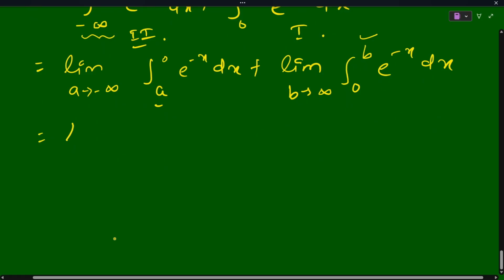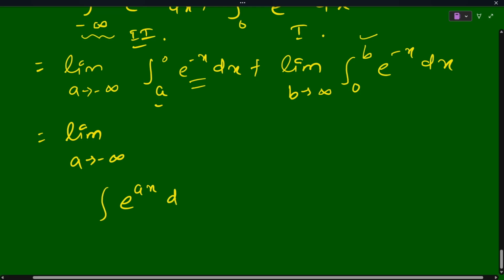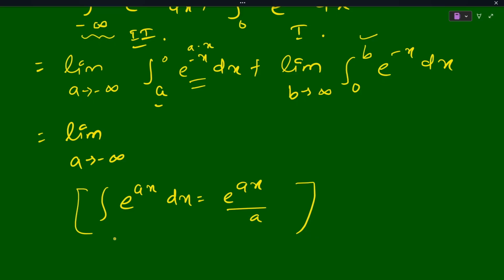Now what is this value? This one is a tends to minus infinite, and this one is the integration of e to the power minus x. So what is the formula? The integration of e to the power ax would be e to the power ax by a. On that basis, what is a here? If you compare, it is the coefficient of x, right? Here it is minus, so a is minus 1.